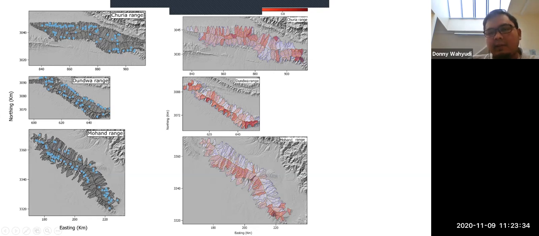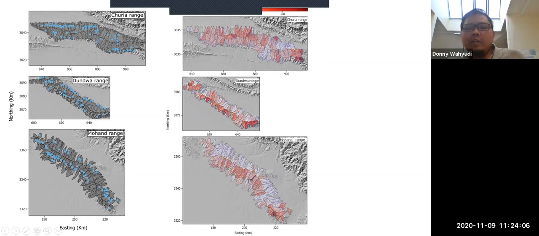This is the best fit concavity for all of these basins in these ranges. If we look at the Churia range, we can see that the concavity is almost uniform between the north flank and the south flank in this part. But if you look at the eastern part, the concavity is somehow higher in the south flank of the Churia range.